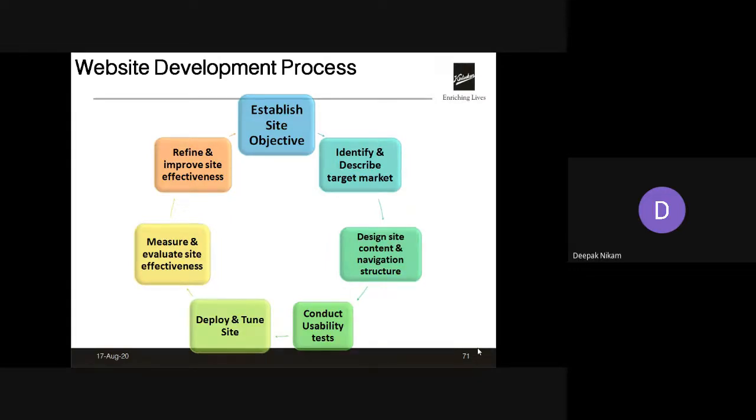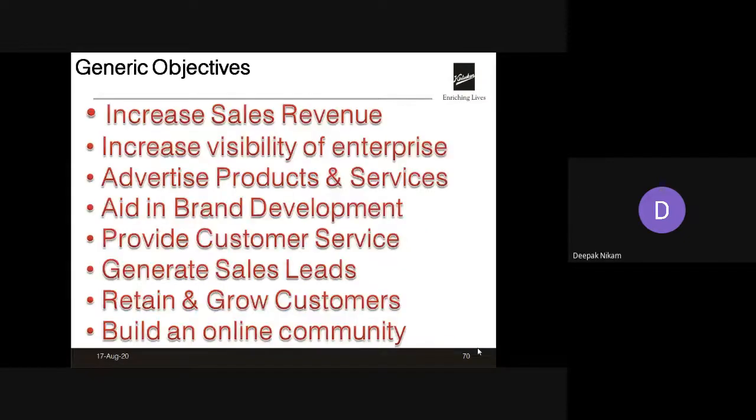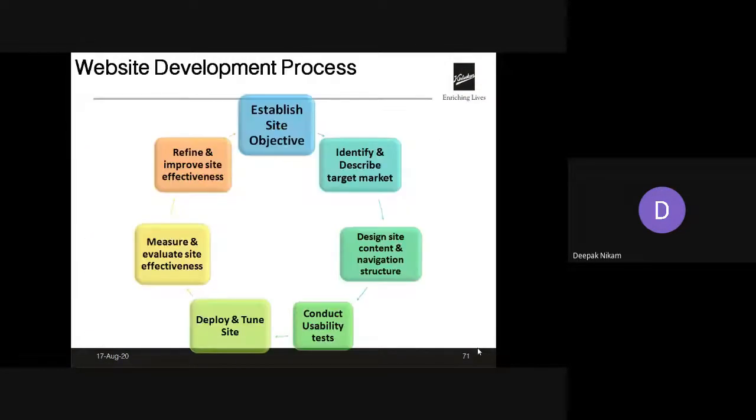So to begin with, first and foremost is an objective for your site, right? These are the different objectives that you typically are going to keep in mind, all right? That's how you are going to establish your objective for developing a website for company XYZ. And whether you are selling power banks, charging wires, headphones, or capital equipment, first set up that objective.